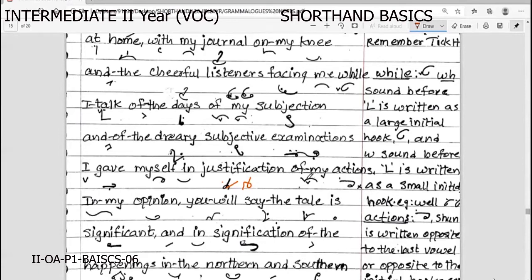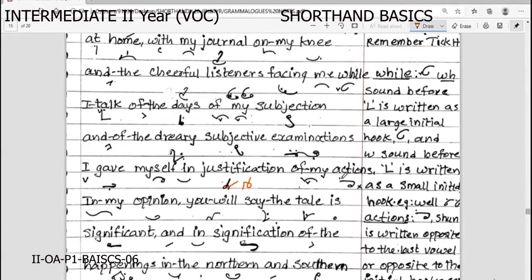Of my actions. I have A above the line, K and shun hook on the below side. Again, there's a small rule here: the shun hook rule says that it is written opposite to the last vowel or opposite to the initial attachment. Like subjection, your initial attachment is a side, that's why you wrote your shun hook on the opposite side.